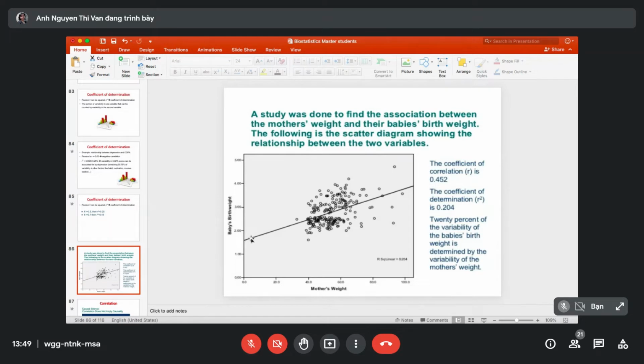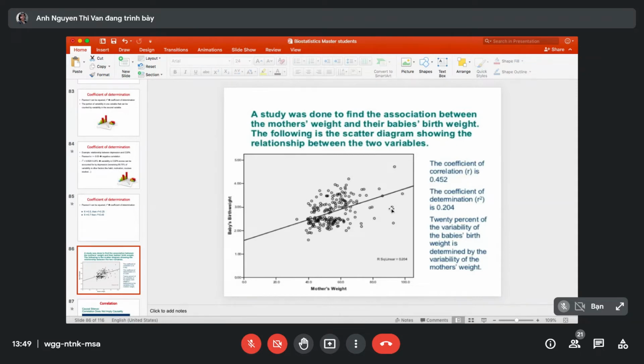So it's a weak correlation, and the points are very far from the line. The linear correlation here is weak, but there is a trend that when the mother weight is increased, the baby's weight is increased too.